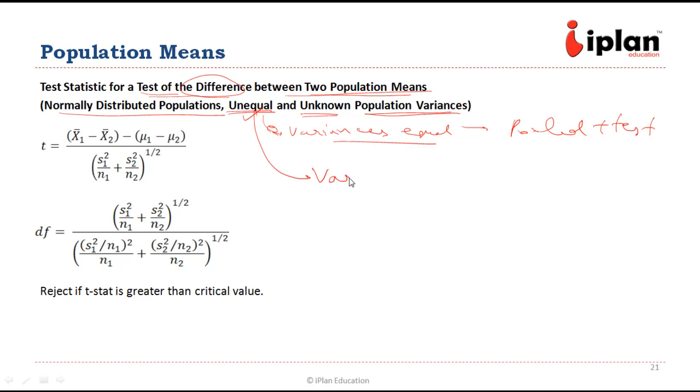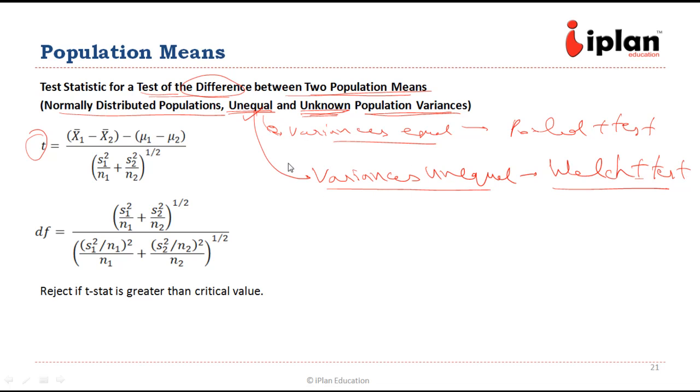But where we have unequal variances, we conduct the Welch t-test. This is again a variation of the t-test. Since variance is unknown, we are using the t value instead of the z value, and since the variances are unequal, we are using the Welch t-test, where we use the sample variances instead of calculating a pooled variance.